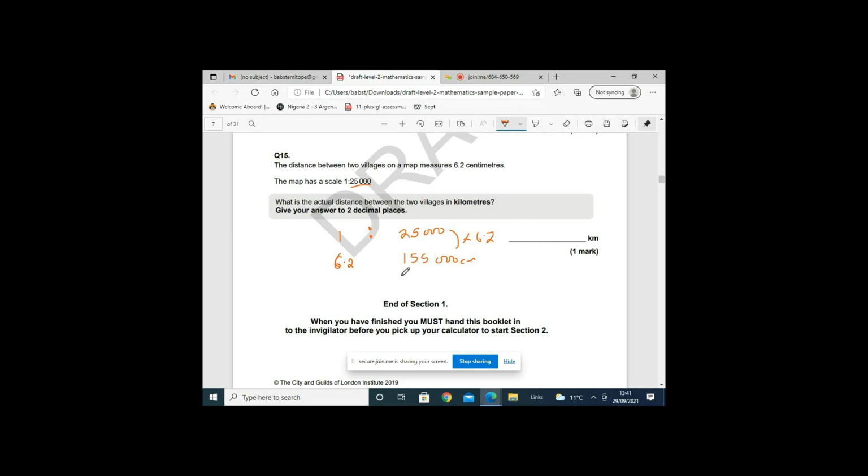So divide by what? By 100. So that should be 1550. Then you convert it again to kilometers. Divide by 1,000. So it's going to be 1.55 kilometers. That's it.